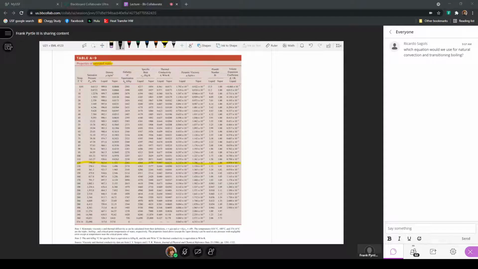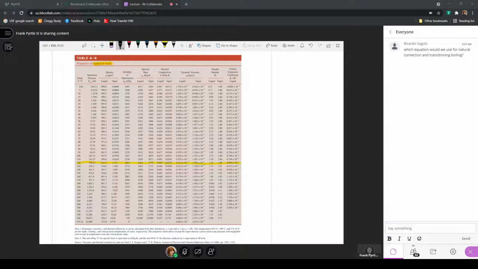For boiling of water at atmospheric pressure, 101.325, typically 101.33, which would be a standard atmosphere. Water boils at 100 degrees, but if we want to boil it at 120 degrees, the pressure would have to be 198.53 kPa rather than 101.33.